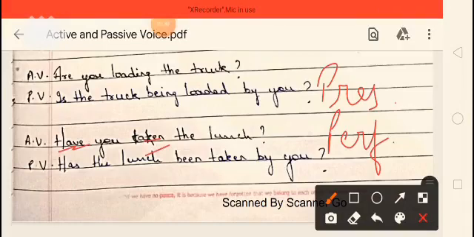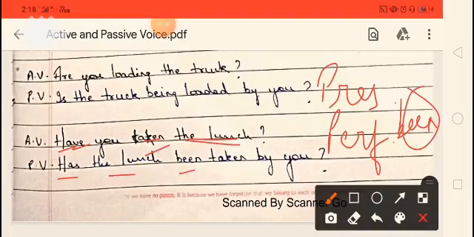So in this case, we see what our object is, and according to that we use has or have. The lunch is singular, so has the lunch. Then I have told you, in case of perfect tense, the word been is used. So has the lunch been, then the third form of the verb, that is taken, then by, then you.